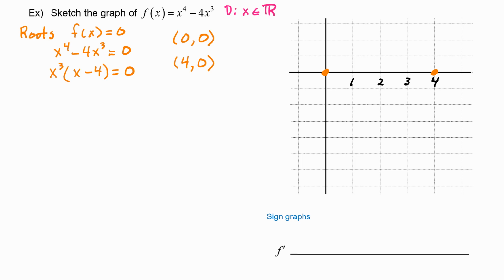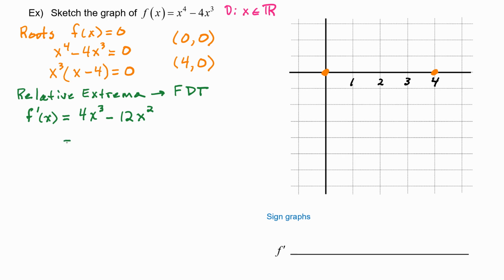Next up, we need to find the relative extrema. And of course, extrema means minimums and maximums. So we will do that with the first derivative test. f prime of x is going to equal 4x cubed minus 12x squared.